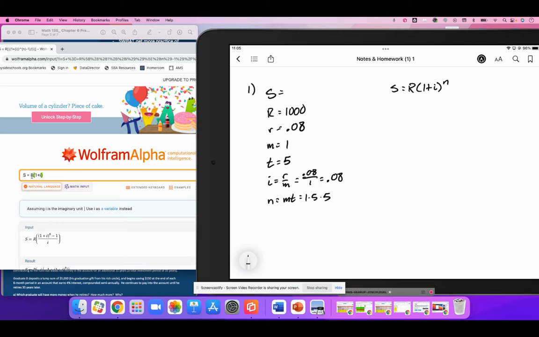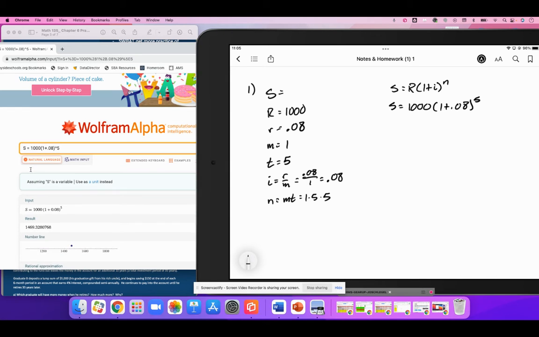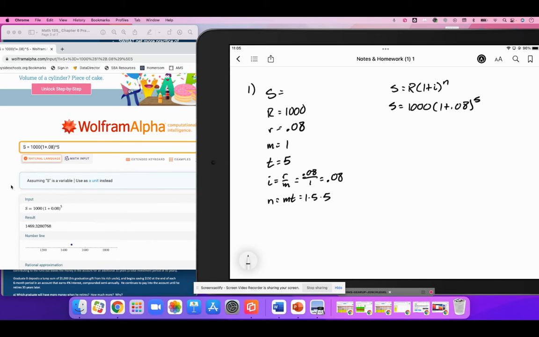In Wolfram here, we just need to plug in what we know. So R is 1,000, and i is 0.08. I forgot the part of my formula that's to the power of n, which is 5. So we will have S equals 1,000 times 1 plus 0.08 to the power of 5. And that gets us a value of $1,469.33.